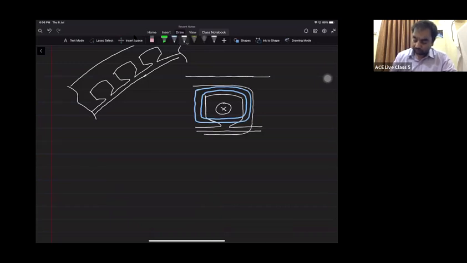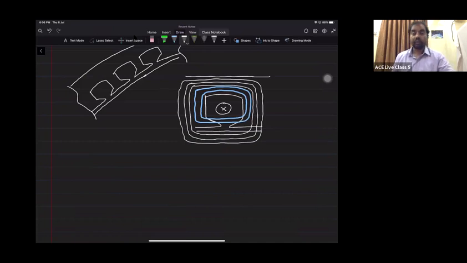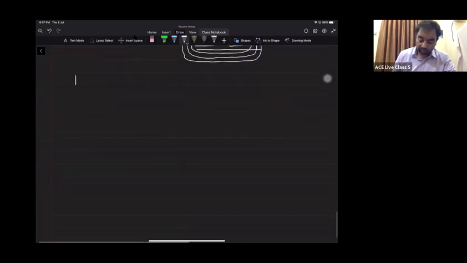These are the mutual flux lines. Done. Now let us first discuss the drawbacks. After that, we'll discuss the advantages of these semi-closed slots. Drawbacks or the disadvantages.